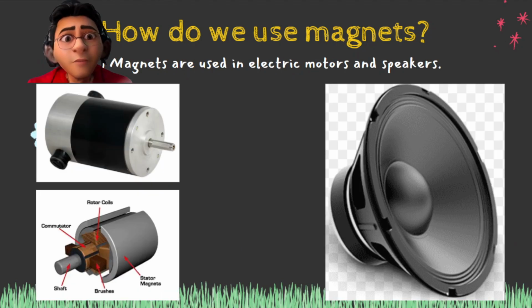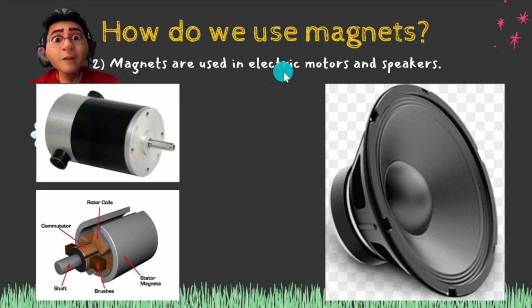And number two, magnets are used in electric motors and speakers. If you see here, motors inside it, you have two magnets like this, and this will help with electricity, help the motor to run.